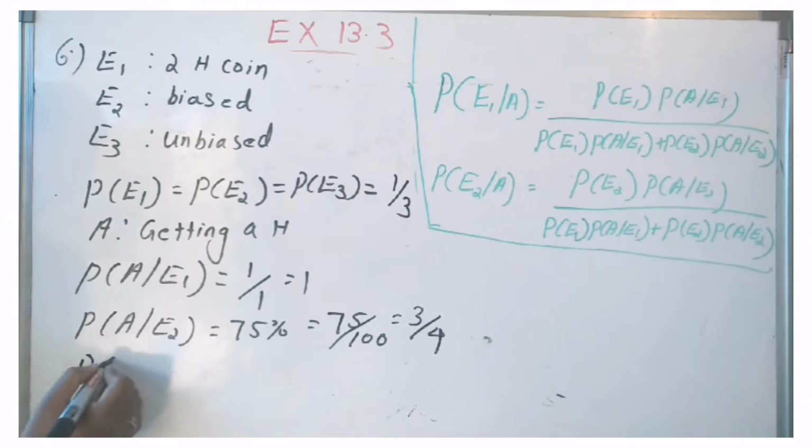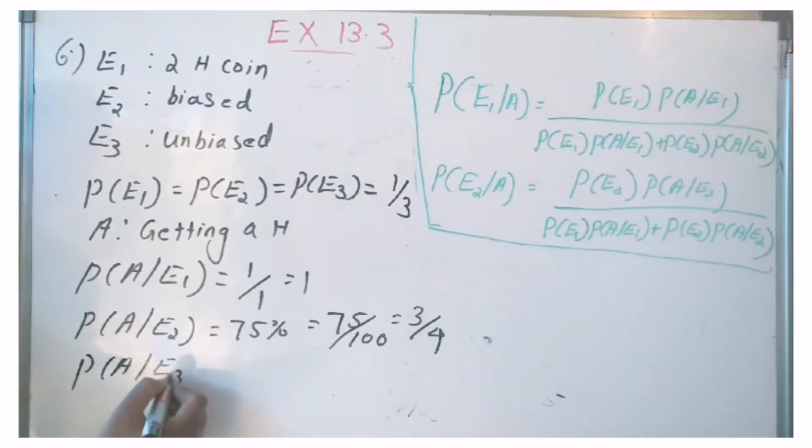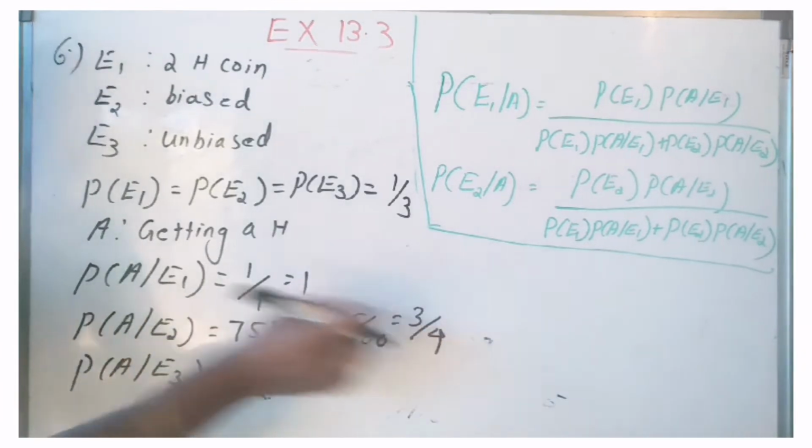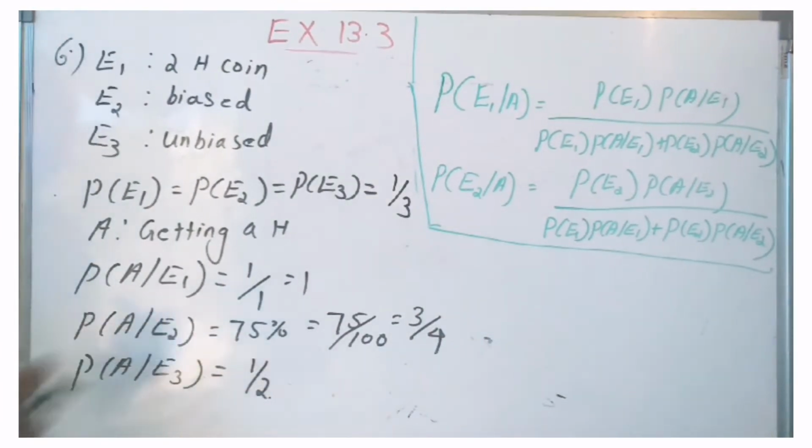Now third one, P of A given E3. We have unbiased coin. Unbiased coin means one face we have head and another face we have tail. Then what is the probability of getting head? 1 by 2. So P of A given E1 is equal to 1, P of A given E2 equal to 3 by 4, P of A given E3 equal to 1 by 2.